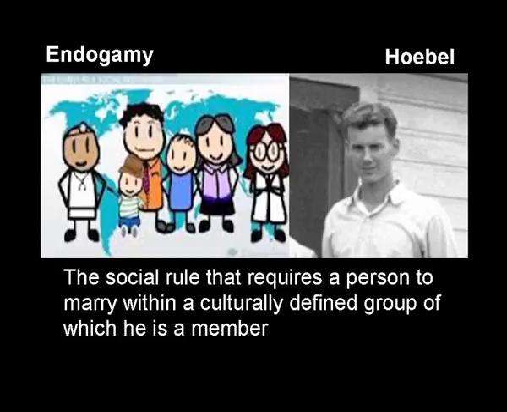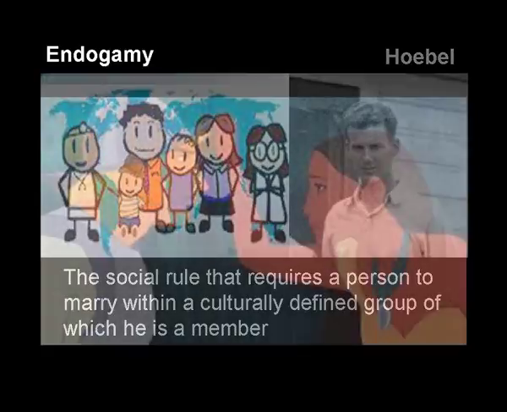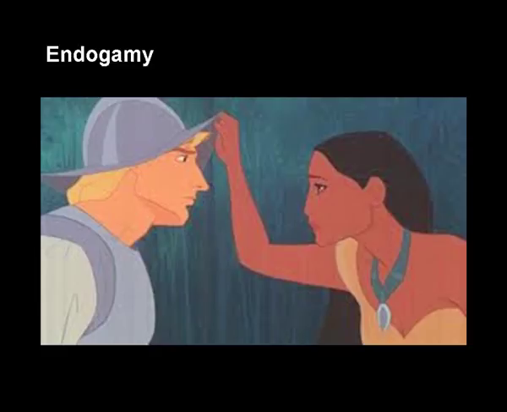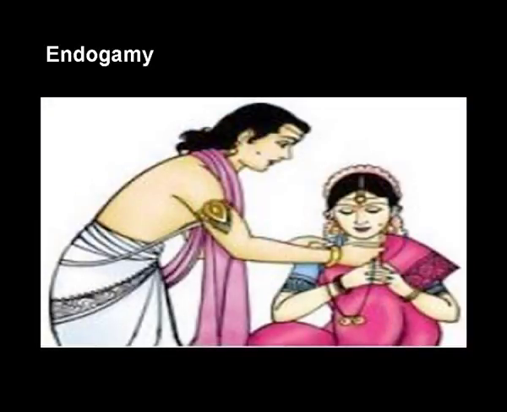Hobel defined endogamy as the social rule that requires a person to marry within a culturally defined group of which he is a member. It refers to the system of rules which restrict marriage within prescribed limits.